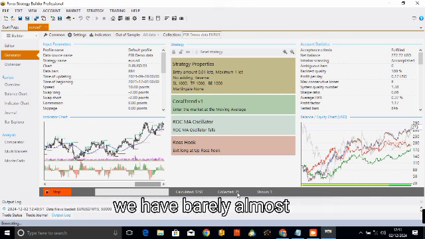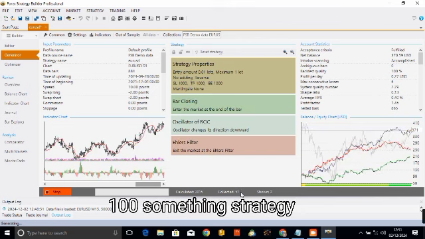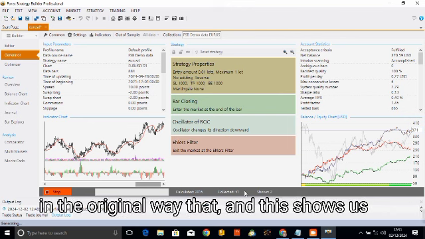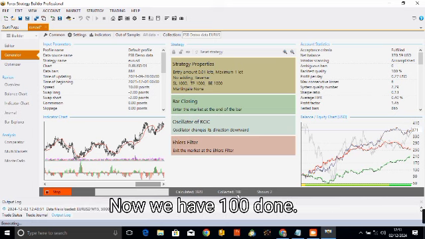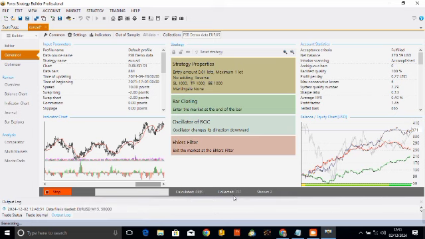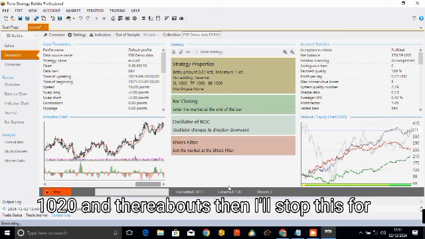We have almost 100 strategies already generated, and this shows us how profitable these strategies are. Now we have 110, 120 and thereabouts. Then I'll stop this.